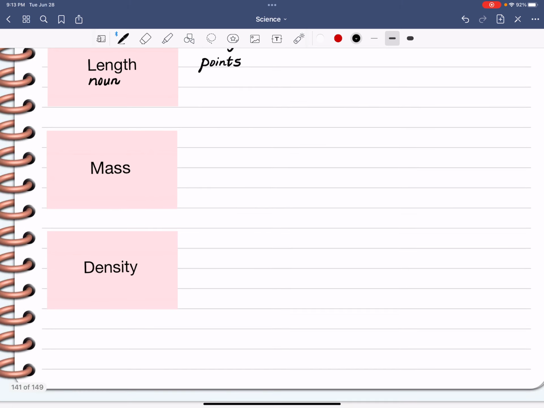Okay, the next word is mass. One vowel, one syllable. It's saying a, mass. Mass is the amount of matter. Remember Neil Armstrong, in an object.